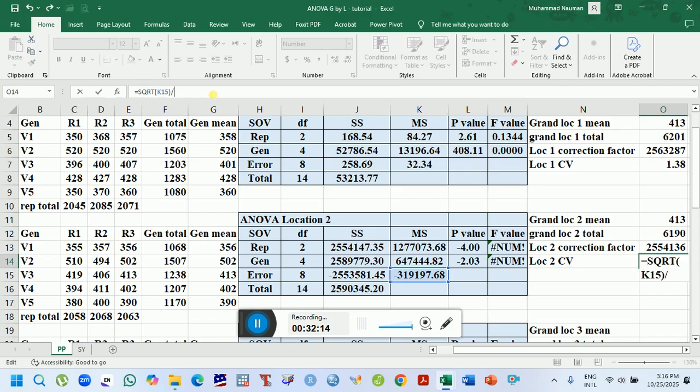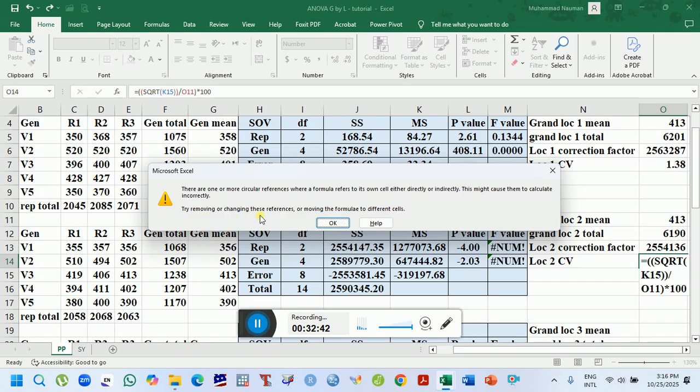First close all this in one bracket, divide by grand mean, and again close this term in one bracket, and multiply by 100.